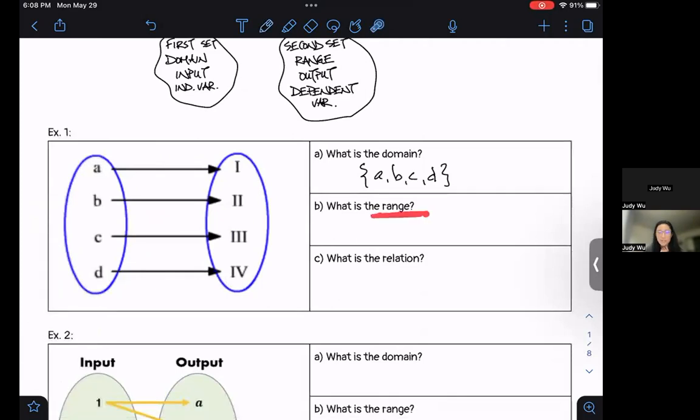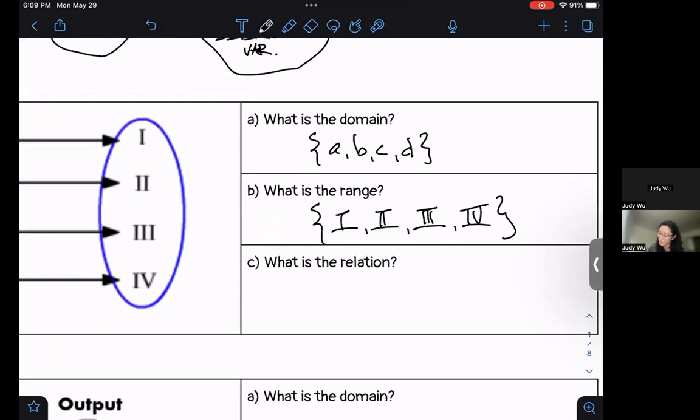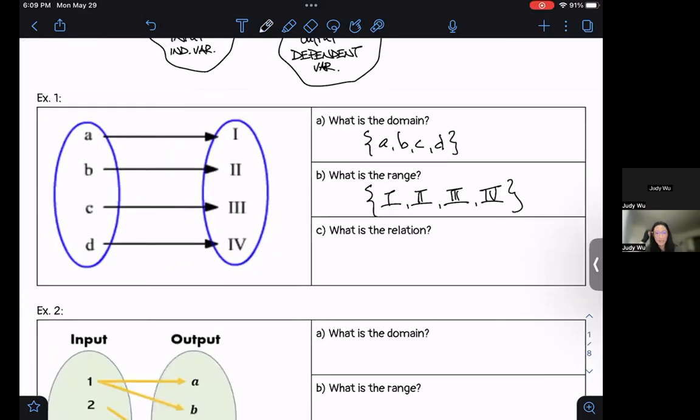The range is going to be something similar, except we're looking at the second set, or the output, or the dependent variable. And here we have a 1, 2, 3, and 4. And so inside some squiggly braces, we're going to write Roman numeral 1, Roman numeral 2, Roman numeral 3, and Roman numeral 4. Right, so we've got our domain and our range.